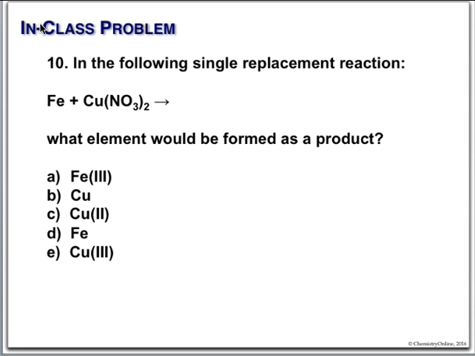Because it's a single replacement, once again, the metal is going to pair up with the ion here, going to replace it in the copper nitrate, and the copper is going to turn up as our metal. Metal and a compound, metal and a compound.